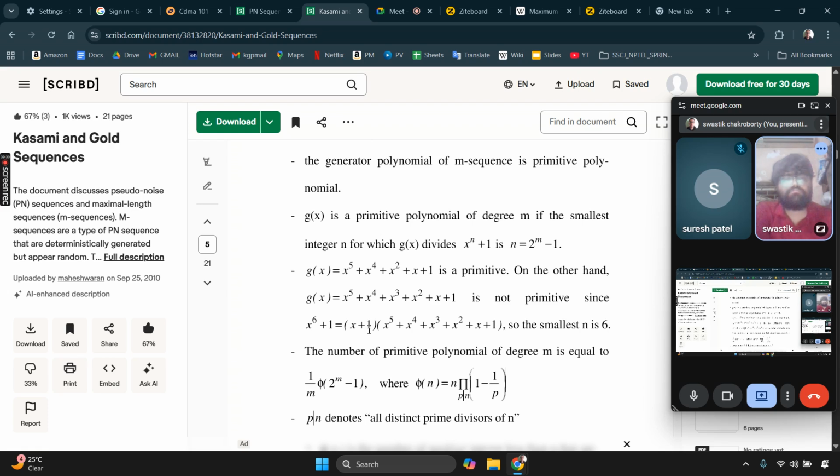You will get x plus 1, like that. So basically it is factorizable. So x to the power 6 plus 1 is equal to x plus 1 into this x^5, x^4, x^3, x square, x plus 1. Now for this x to the power 6 plus 1, basically you have gone till 6. Sorry, I was wrong.